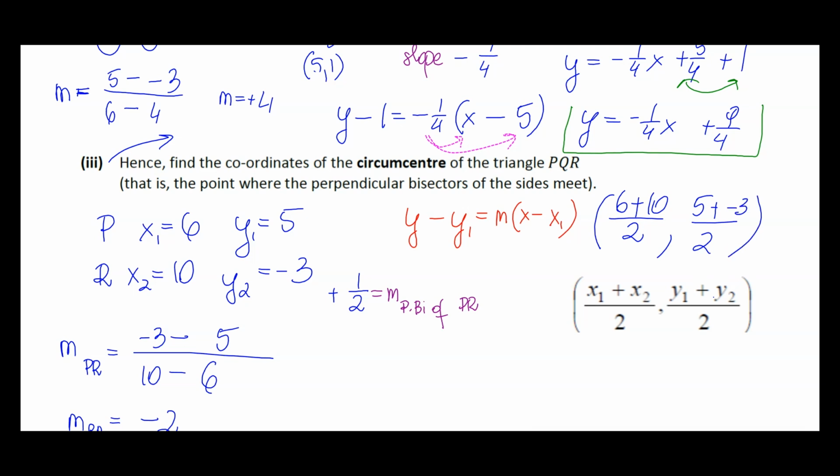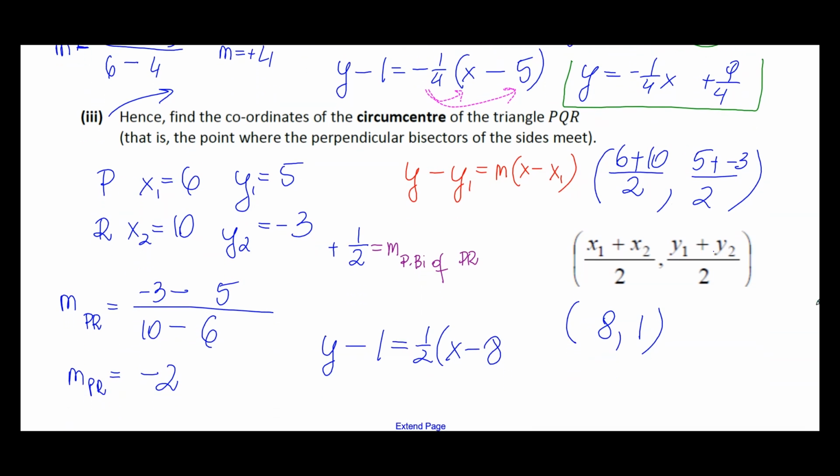And again, we put each of them in the calculator, and we get for the first one 8, and for the second, it's 1. So now this is our point where we're going to fill that in. So y minus y1 will be 1 equals the slope, a half, multiplied by x minus x1, that's 8.